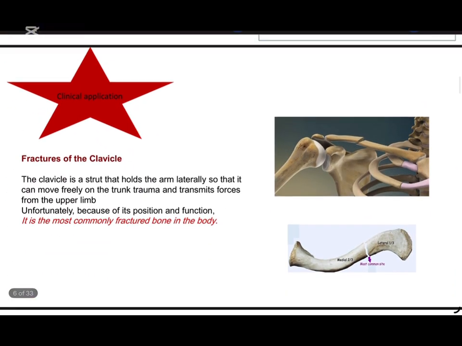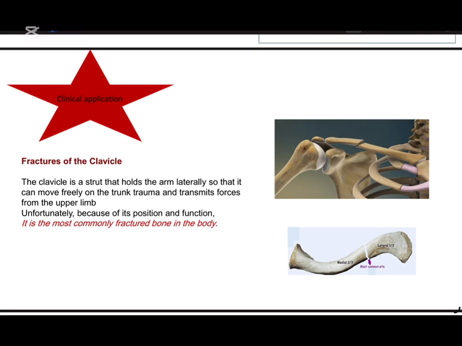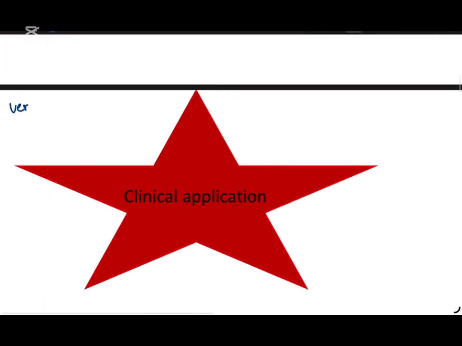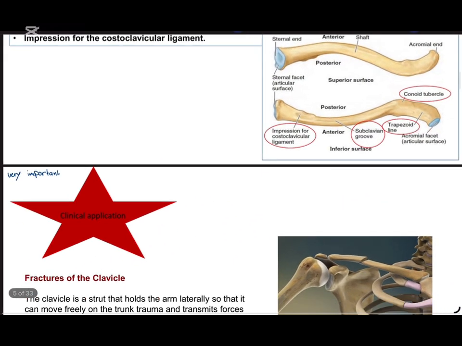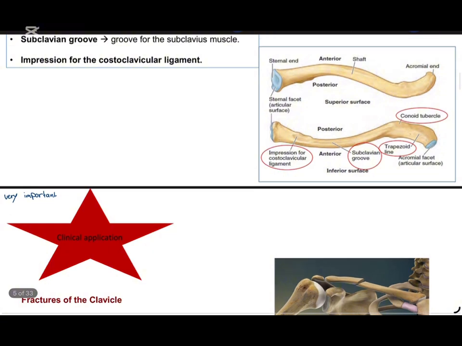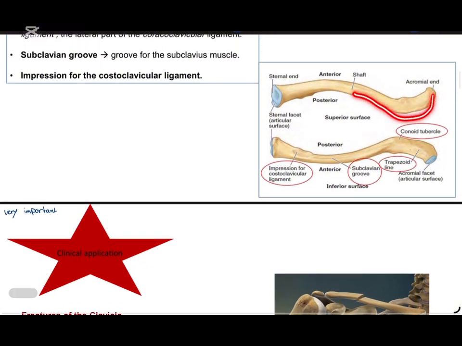Very important here, I have a clinical application for the clavicle. Since we said that the clavicle is an S-shaped bone, because as we said here, we have a curvature. We said that medially, it is convex anteriorly, and the lateral 1/3 is concave.